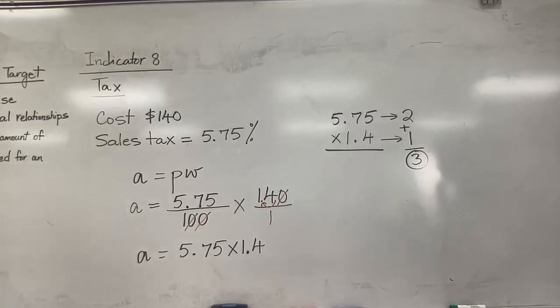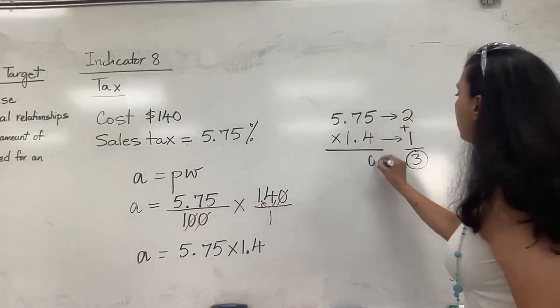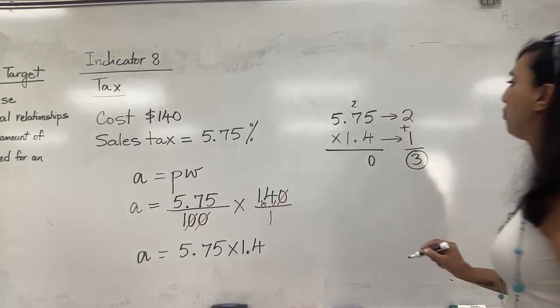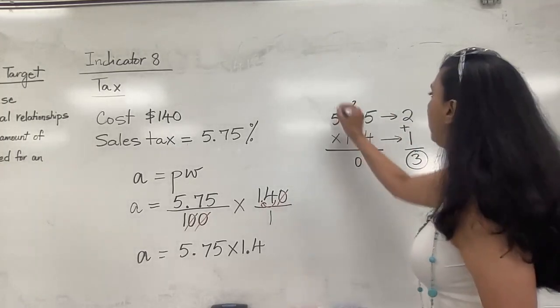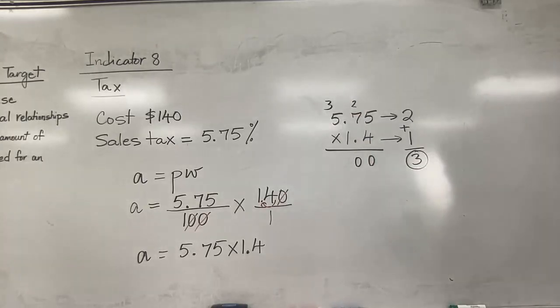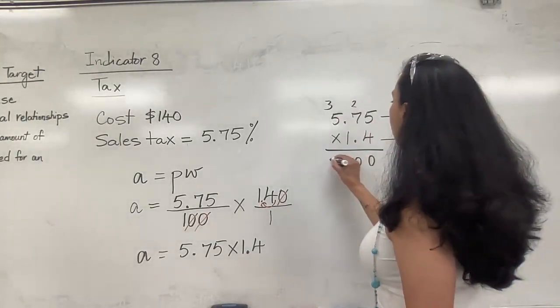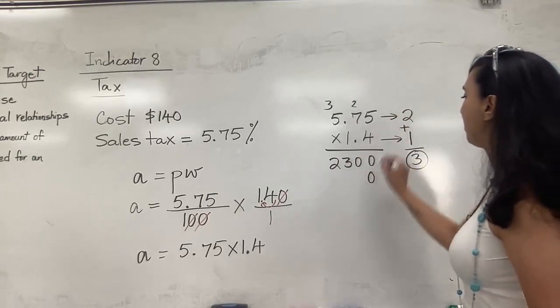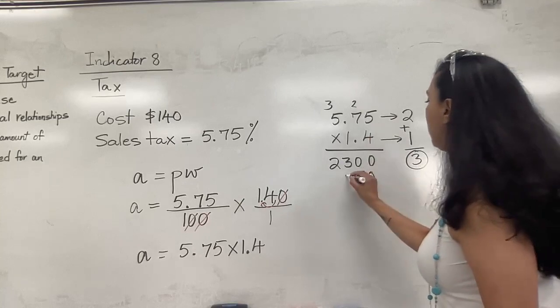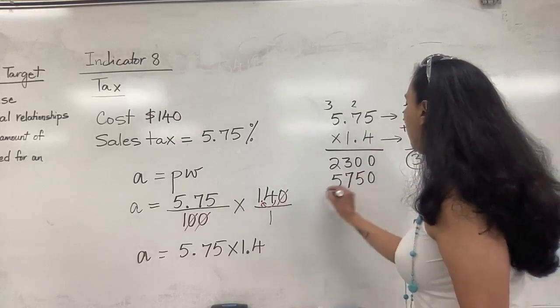Okay, now 4 times 5 is 20, carry over 2. 4 times 7, 28, plus 2, which is going to give me 30. All right. And then 4 times 5 is 20, plus 3 gives me 23. Annex a 0. 1 times 5 is 5. 1 times 7 is 7. 1 times 5 is 5.